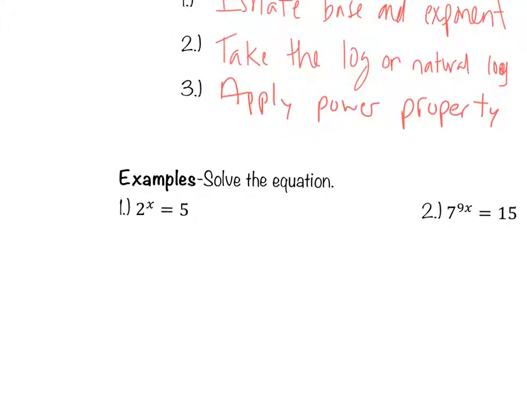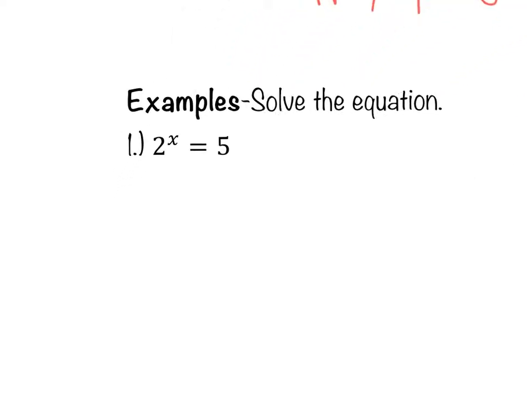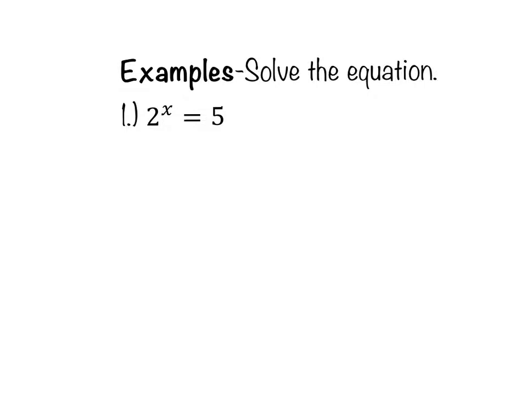In this example here, the exponent is already isolated. The whole point is to get this exponent isolated. Once the exponent is isolated, we're going to log both sides. I'm going to log this side and then log this side.